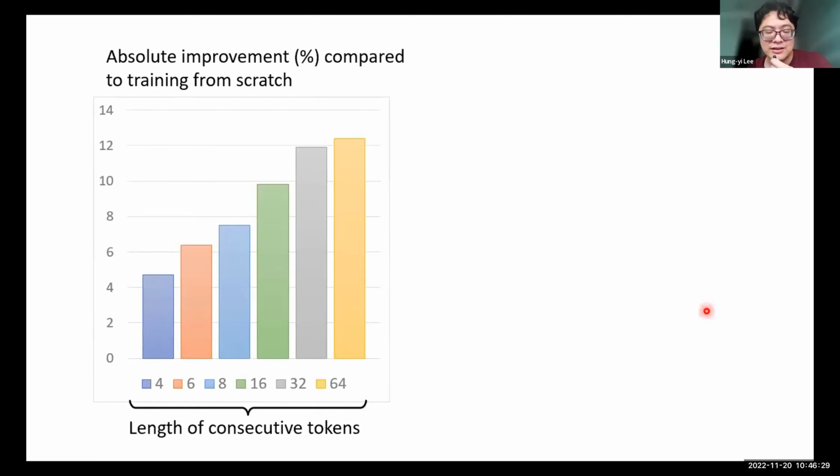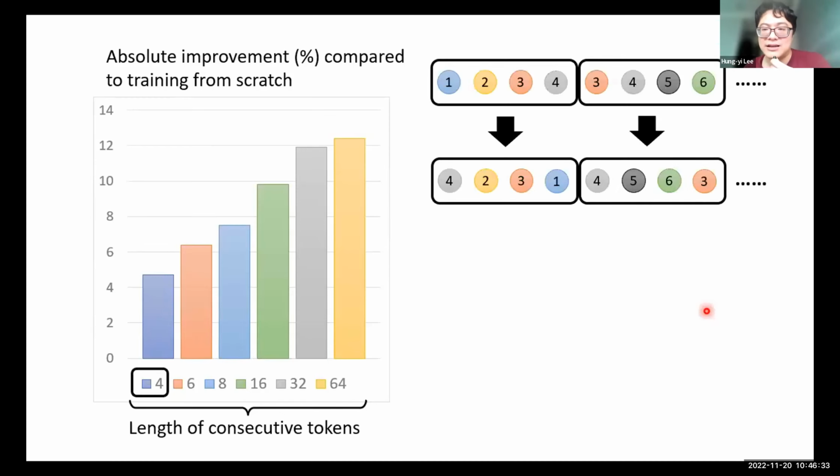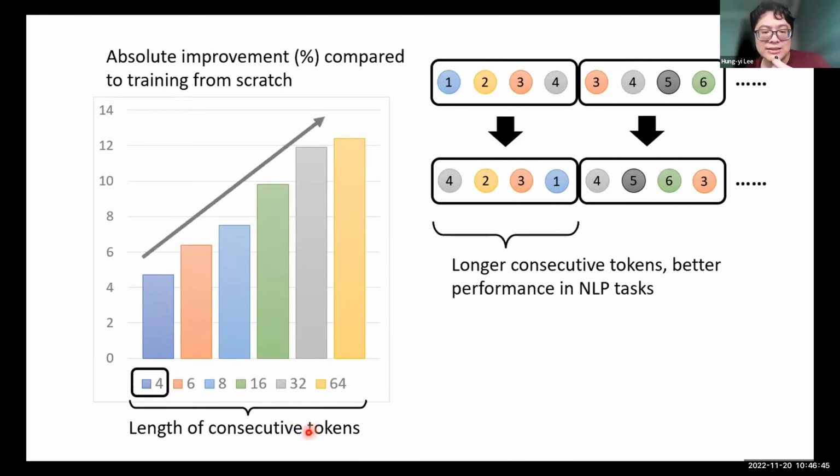The evidence here is that we generate different lengths of consecutive tokens. For example, here 4 means we only generate 4 consecutive tokens, and we also randomly shuffle them. And here the results show that if the consecutive tokens become longer and longer, the pre-training becomes better and better.